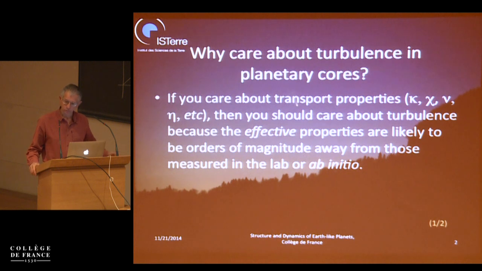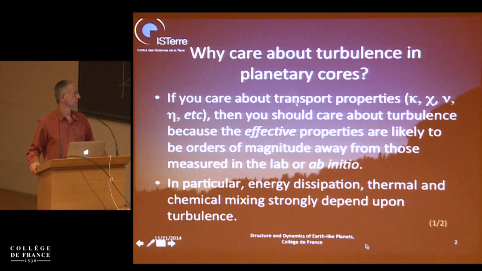At least that's what we know from what happens in the atmosphere or in the ocean. Typically, effective viscosities are a factor of 1,000, 10,000 larger than the molecular properties for air, for example. And of course, that has some strong impact on things like energy dissipation, which depend on these transport properties, and thermal and chemical mixing, for example.